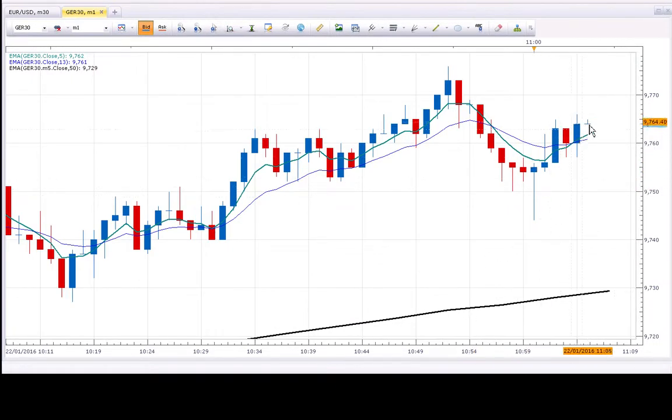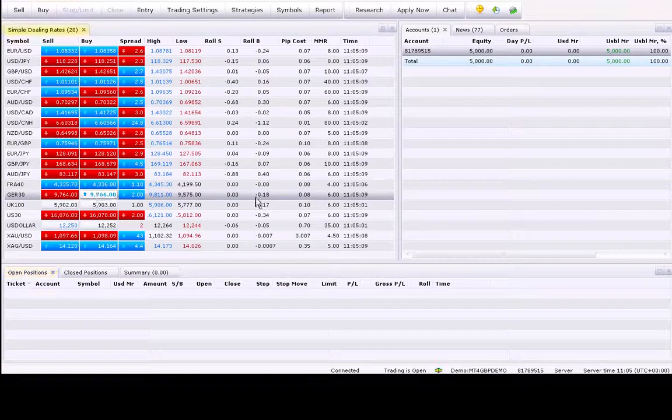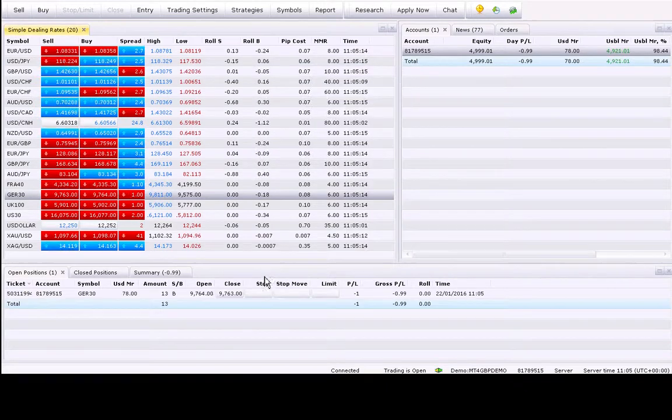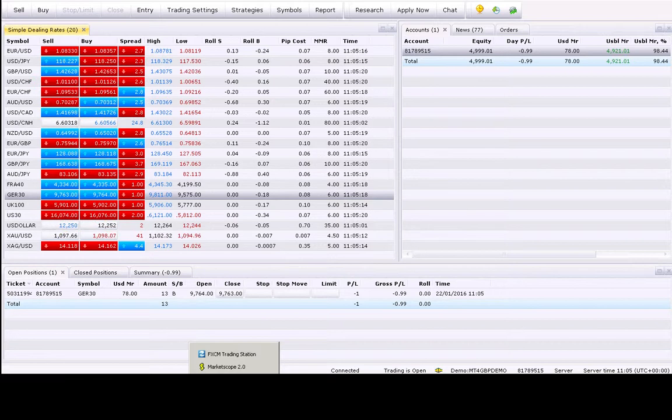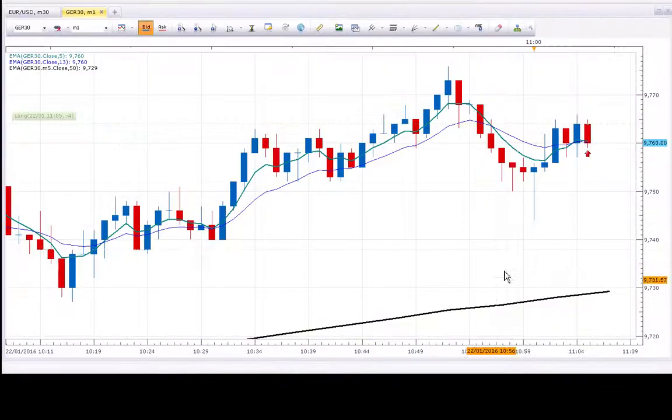We've just had a cross. It's confirmed the candle's closed. We've had a cross there. I'm going to buy. So I'm going to go back into here. I'm going to click on the buy for German DAX. I think about 13 is £1 a point, and I'm going to enter the trade. Done. I haven't actually entered any stop losses, and I haven't entered any take profit targets. I've just simply entered that trade just to show you how and what rationale I've used to do it.